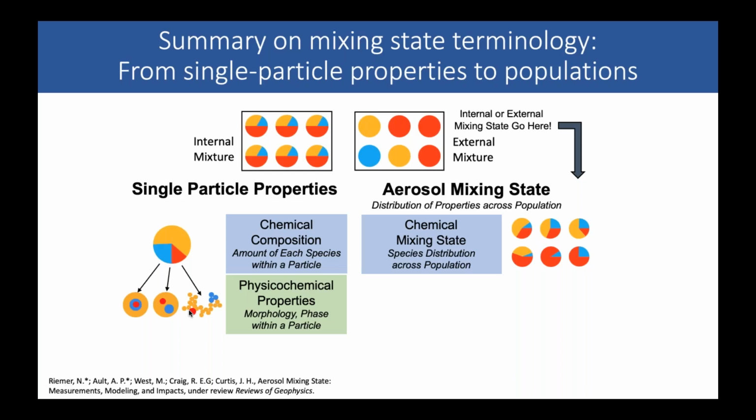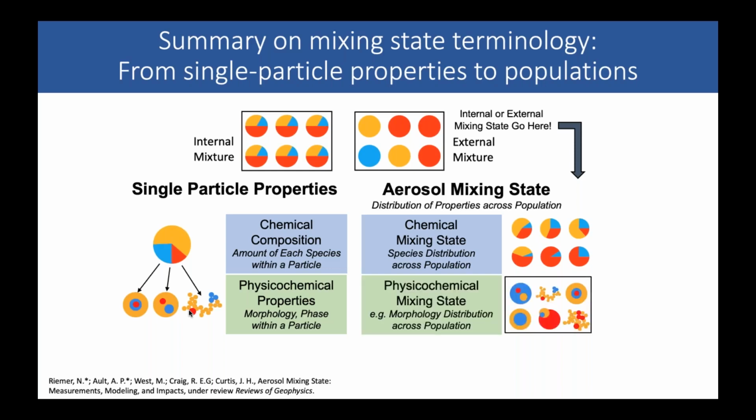If we then want to take the logical step further in terms of what that means for mixing state, what we are describing next is a physicochemical mixing state, where it's not just the pie charts of composition, but also how the species are distributed as well as their other properties. This is a place that things are going to head in the future, which really is going to help bring measurements and models together.